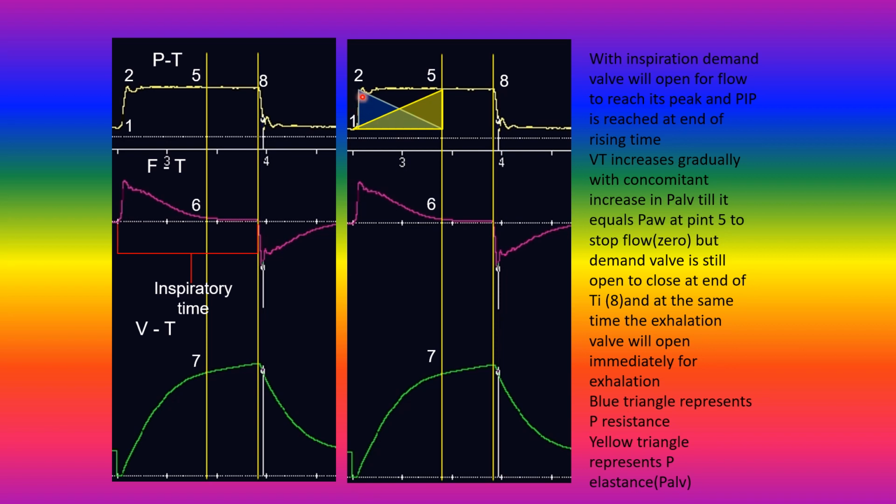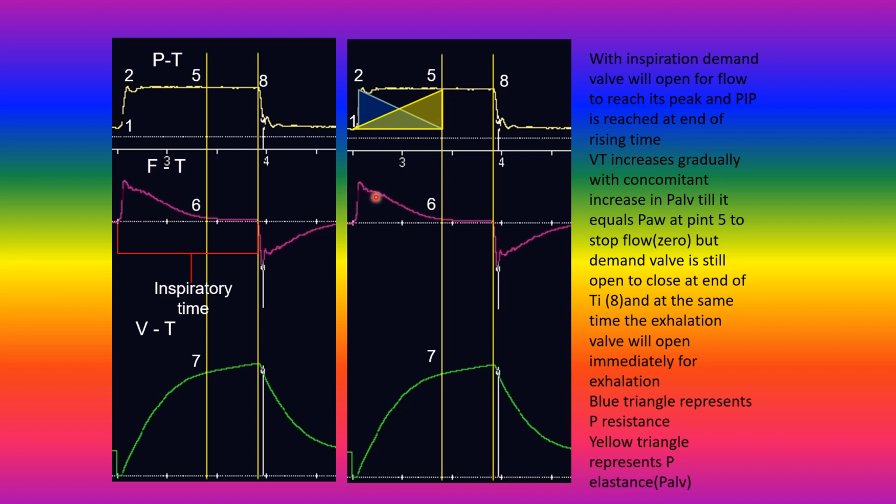It starts with the high pressure resistance and with gradual increase in the pressure elastance by inflation of the alveoli. When the pressure elastance, the alveolar pressure, equals the airway pressure, at this point there is no flow.